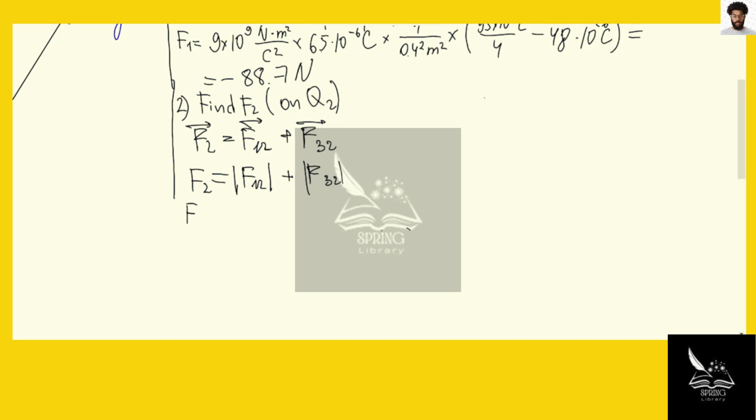As in the previous task, F12 equals K Q1 Q2 divided by L squared, and F32, the absolute value, equals K multiplied by Q2 multiplied by Q3 divided by L squared. Here the distance between all the charges is L, so it's pretty straightforward.